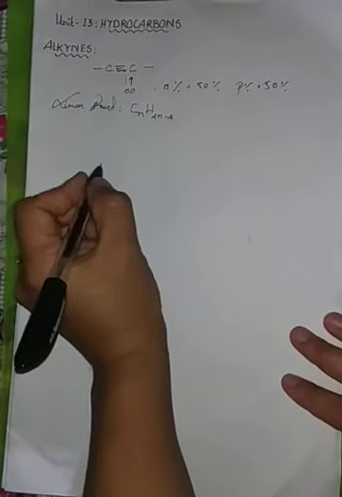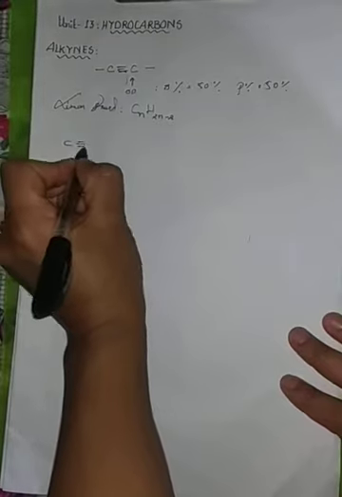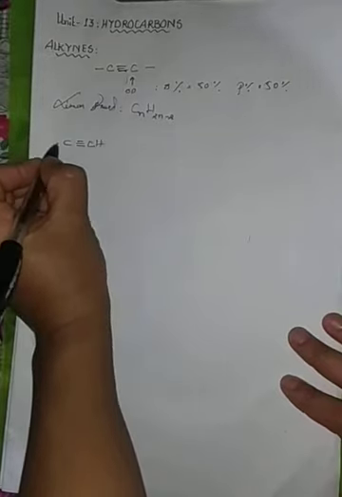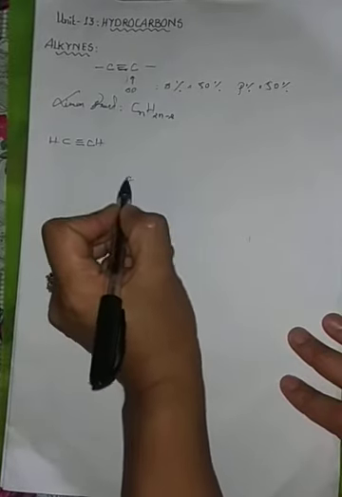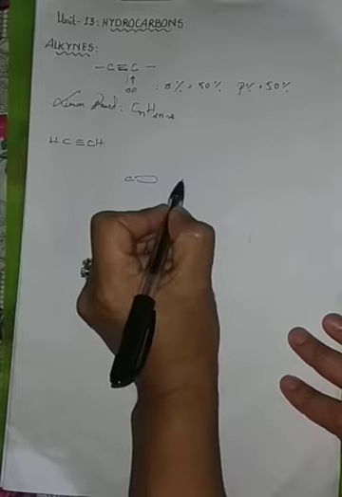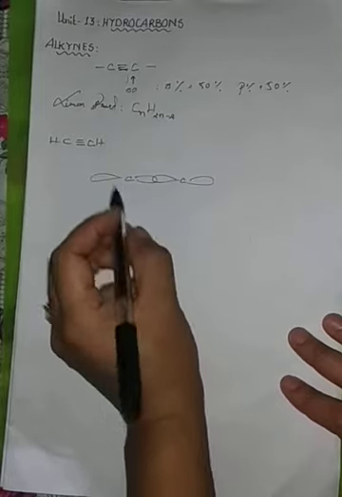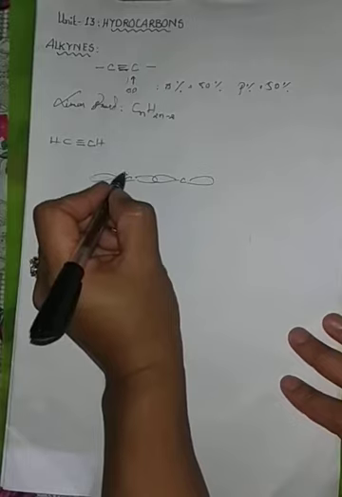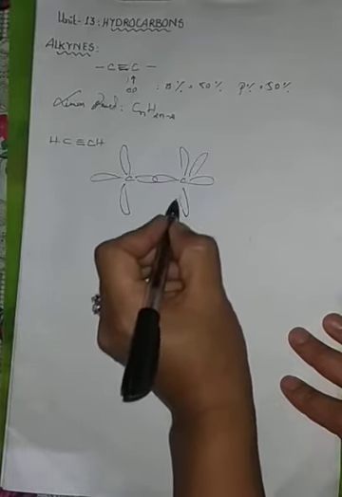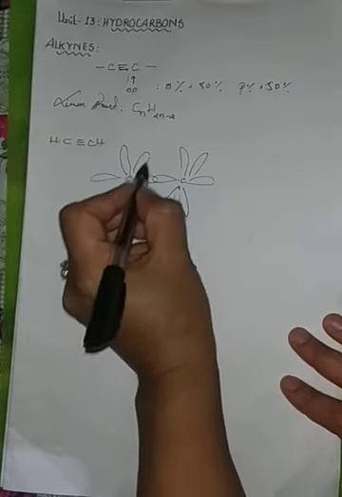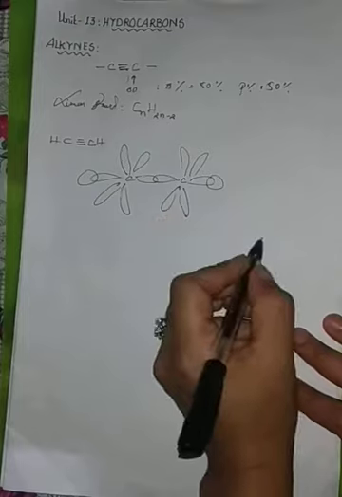Now, if we check the structure, first acetylene, that is carbon-to-carbon triple bond. This is our acetylene molecule. This is carbon, another carbon atom. There are 4 orbitals here, and it bonds with hydrogen here.